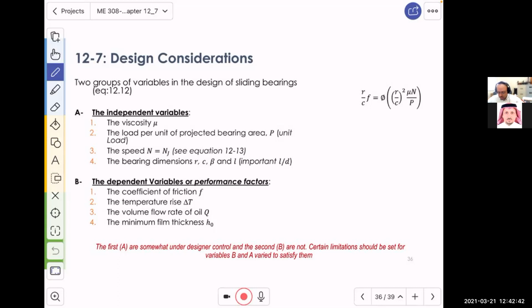We can look at the equation now and say, okay, as an engineer, I can make a decision about the RPM, maybe. Although in reality, most of the time, process specification holds. It's not up to you.